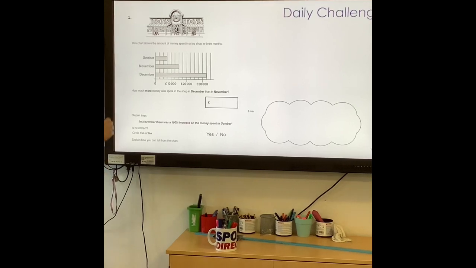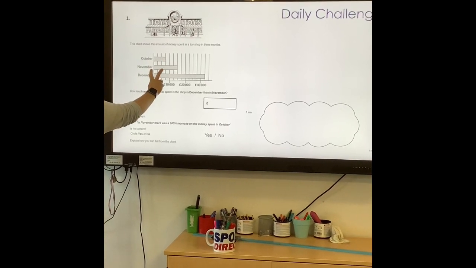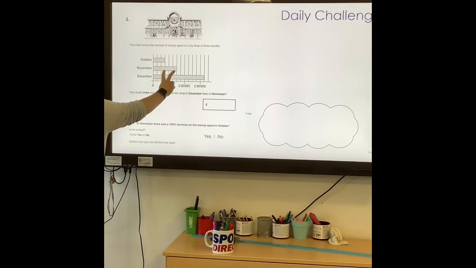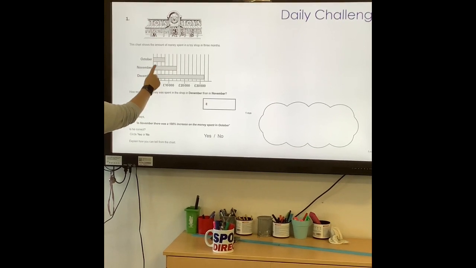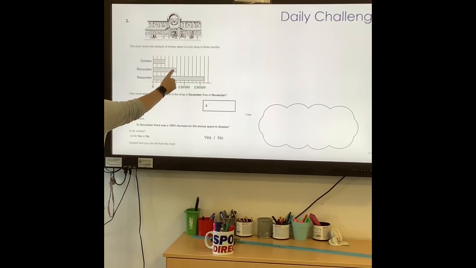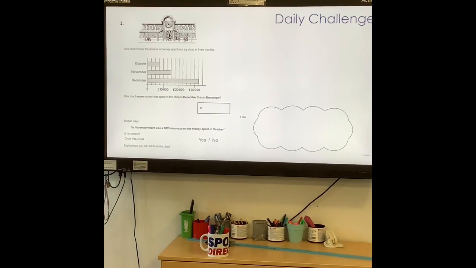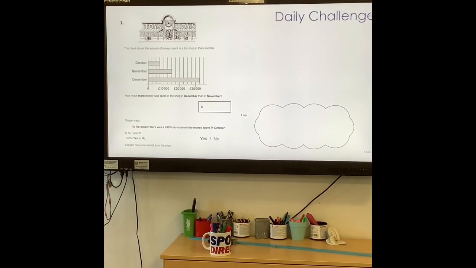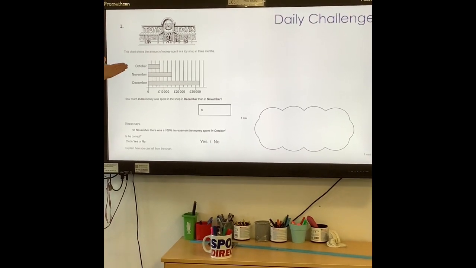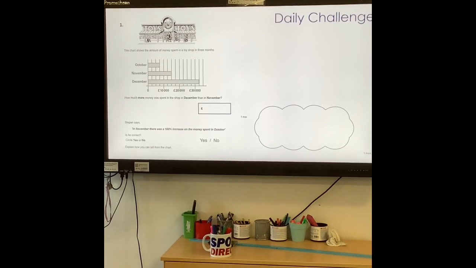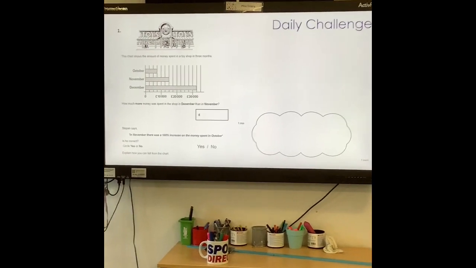Can you see, even just by looking at the bar, that October has been doubled to find November? Even if you just cheat and look, you've got 3 bars there and then you've got 6 bars there. Now if something increases by 100%, it is doubling itself. And actually October has been doubled for November. So if you realise that and you circled true, very, very well done.